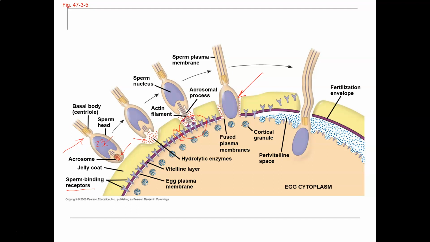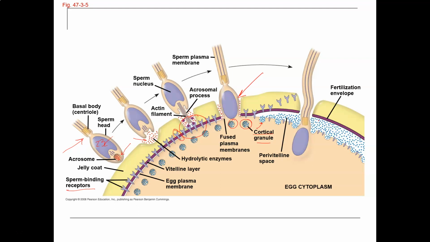And what that involves are these vesicles right under the egg membrane, called cortical granules. So they contain calcium. And upon the first sperm fusing with the egg, these cortical granules, as you can see in this next slide, release calcium into the space between the egg membrane and the zona pellucida.